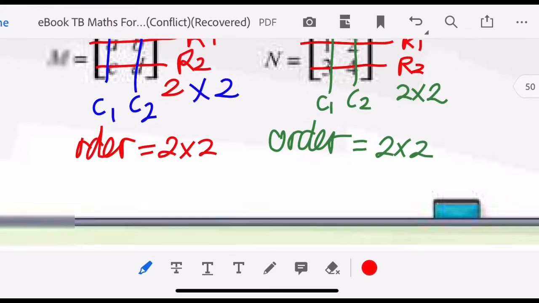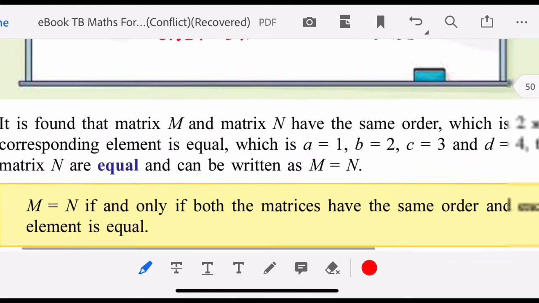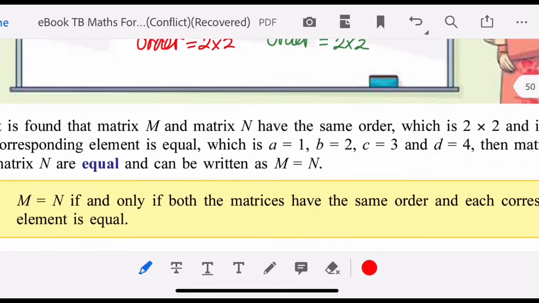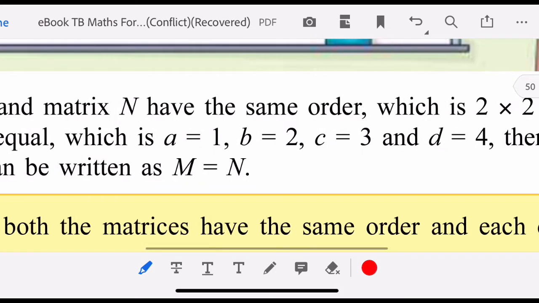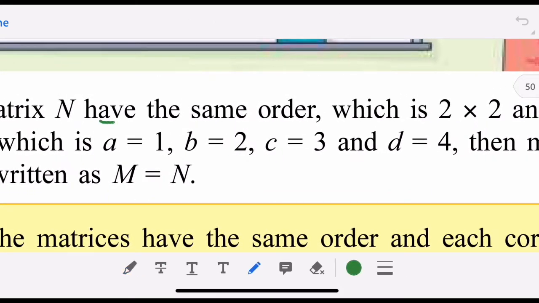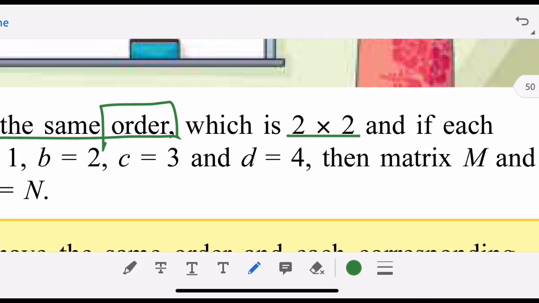So let's see the explanation. It is found that matrix M and N have the same order, which is 2 by 2, right?